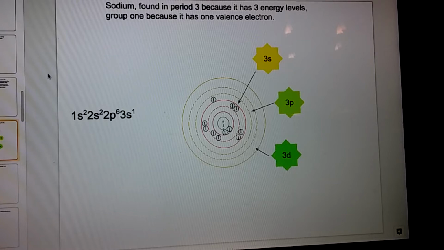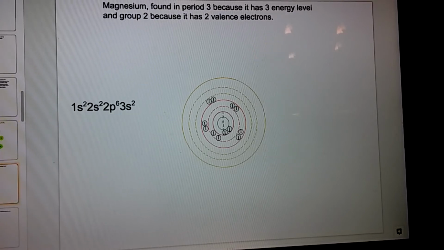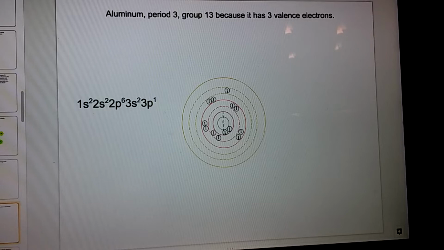Sodium, found in period 3 because it has 3 energy levels, group 1 because it has 1 valence electron. Magnesium, found in period 3 because it has 3 energy levels, and group 2 because it has 2 valence electrons. And now you see that the 3s is filled. We'll start filling in the 3p. Aluminum, period 3, group 13 because it has 3 valence electrons.